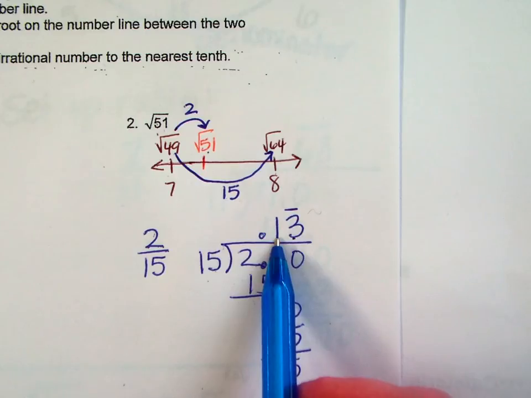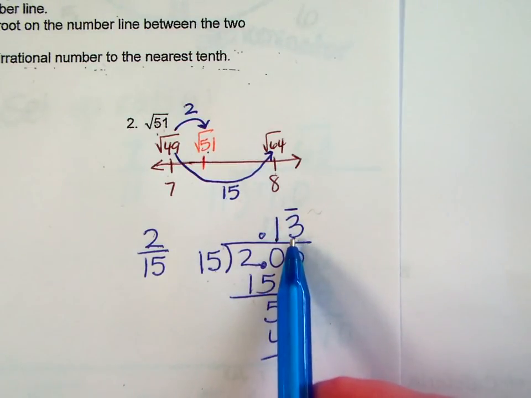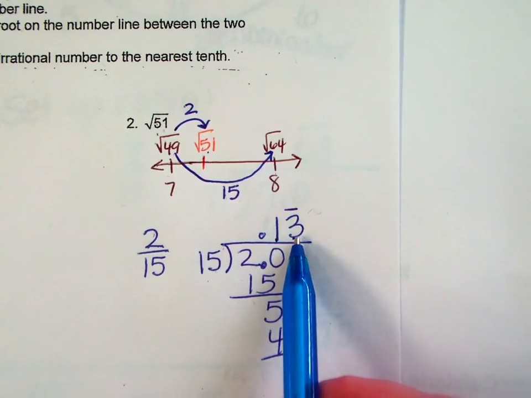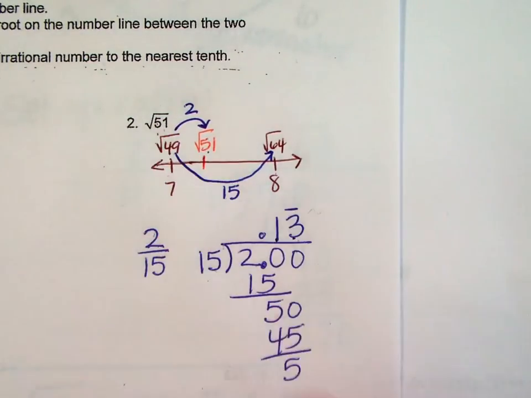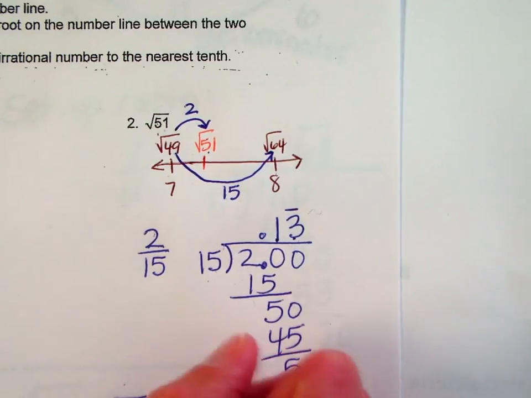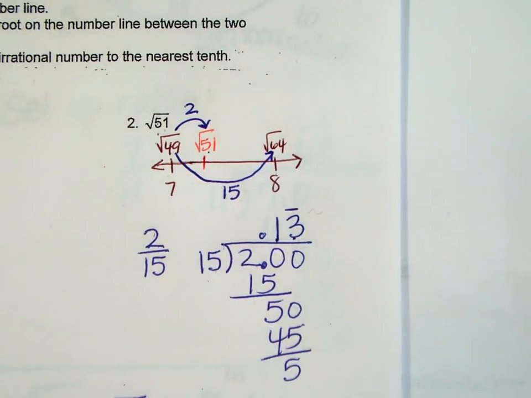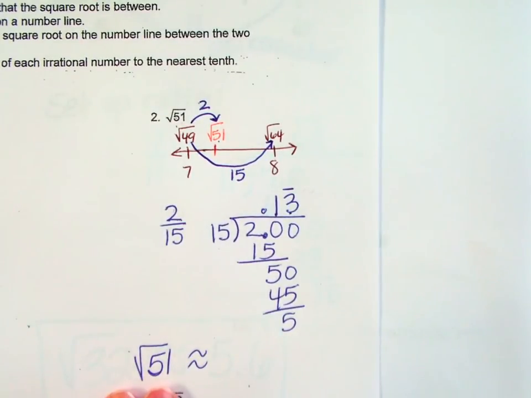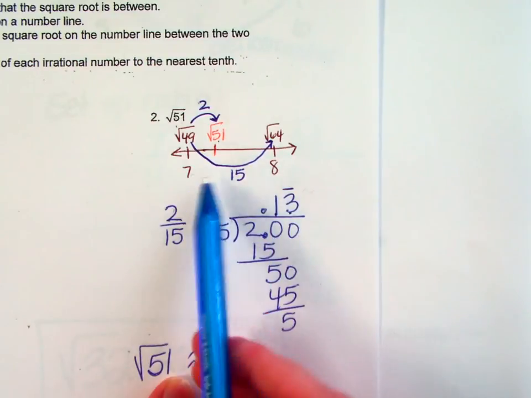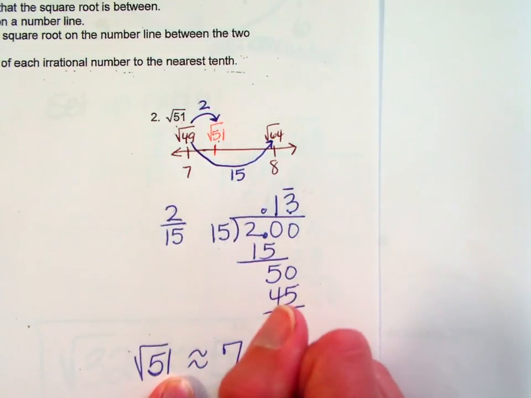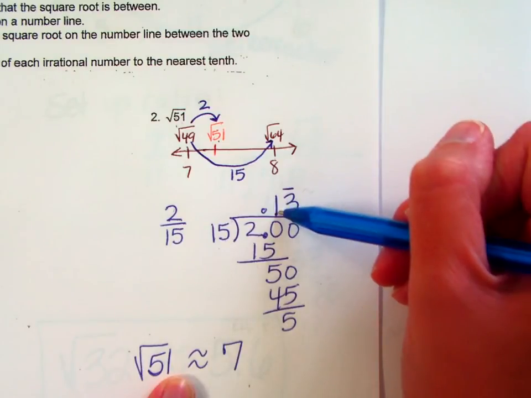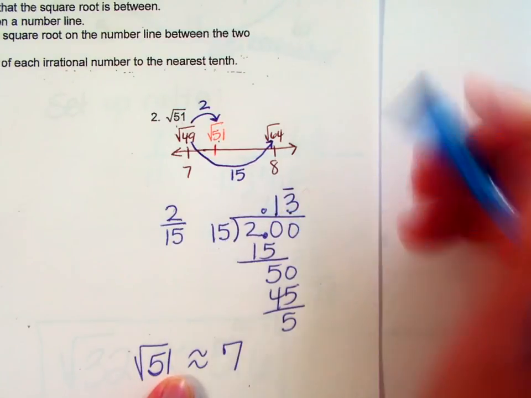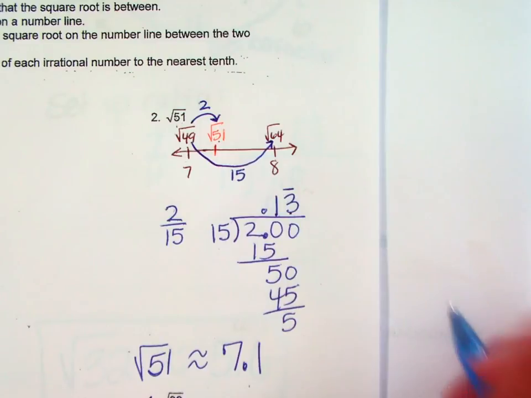So when I do my estimate, the square root of 51 is approximately, and I do want you to write your answers out that way, square root of 51 is approximately, yep, 7 and the 0.1. And we can also see that on our number line. It is closer to the 7.